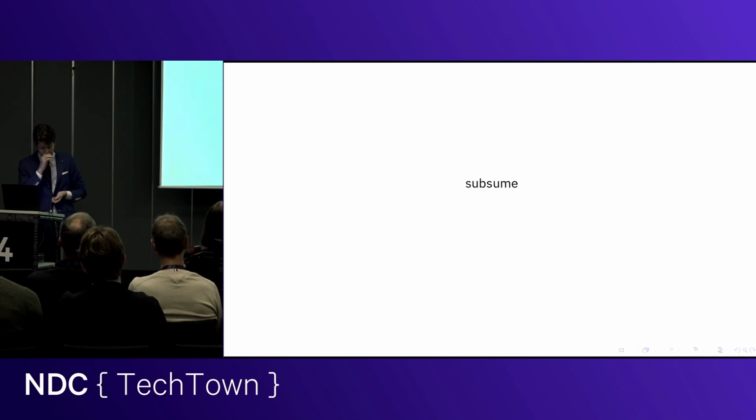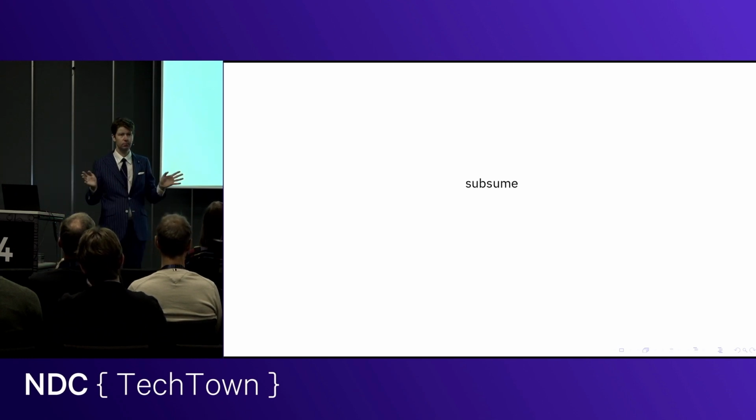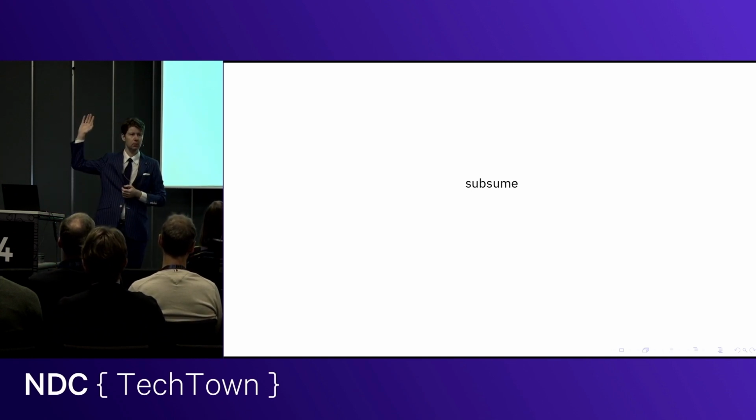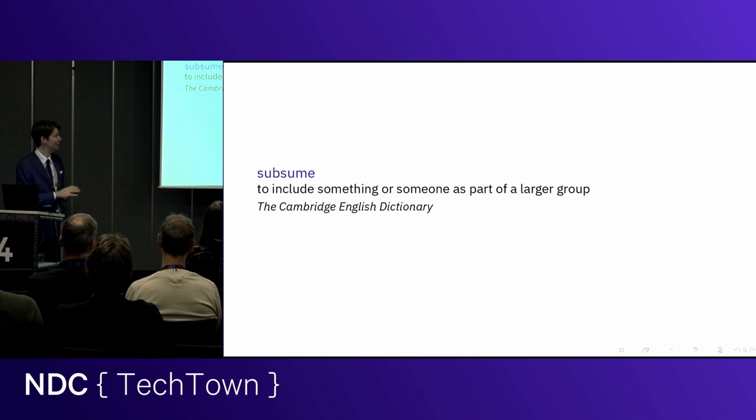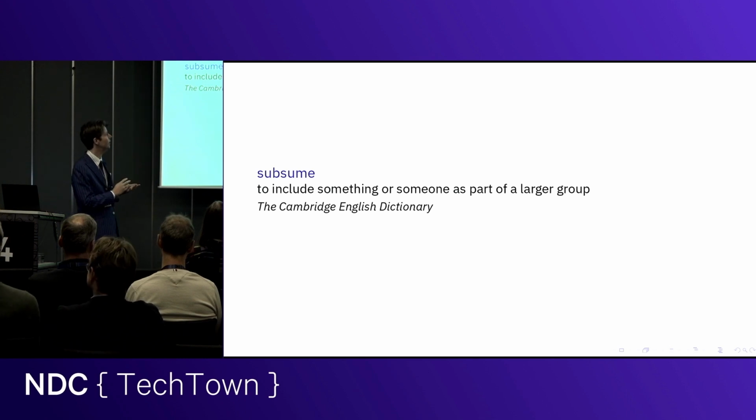Let's talk about subsumption. So who here has not programmed C++? No hands. Lovely. All of you know what subsumption means, right? Because it's in the standard, which you have read. To subsume means to include something or someone as a part of a larger group.